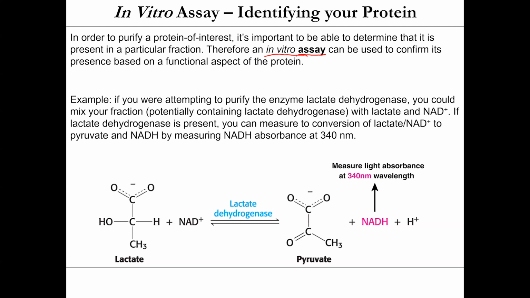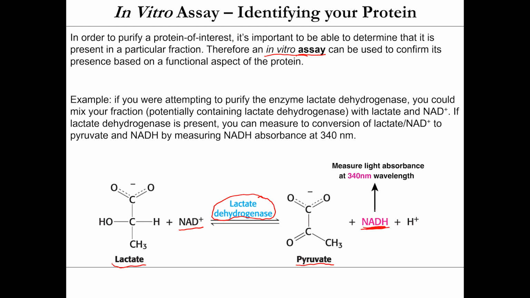So, for example, if we wanted to purify the enzyme lactate dehydrogenase, we would take our purified fractions that we think contain lactate dehydrogenase. We can then add lactate to this solution and NAD plus, and then the activity of lactate dehydrogenase is to convert lactate into pyruvate and to reduce NAD plus to NADH.